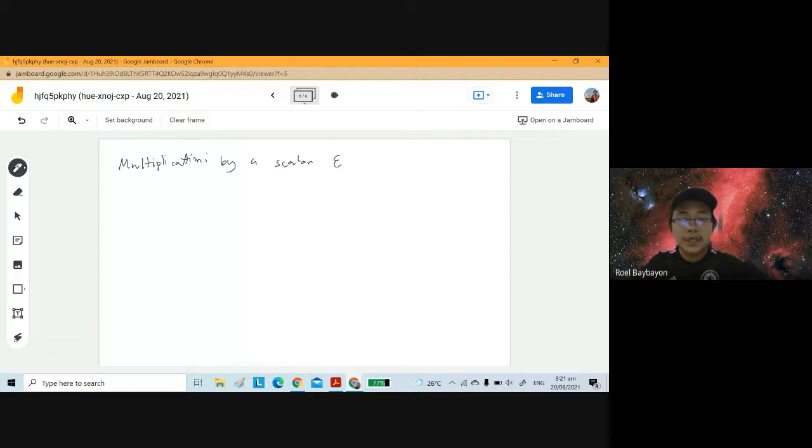Say the scalar is epsilon, and my vector is A. Okay. So if you multiply a scalar epsilon times the vector A, the resulting quantity is also a vector. Say I call this B, which is a vector, okay.